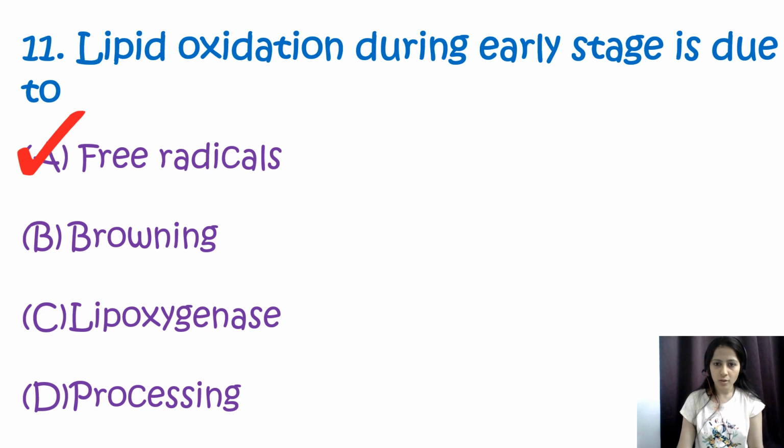And processing can influence lipid oxidation, but it is not a primary cause during the early stage. Rather, processing can introduce conditions that promote free radical formation or lipid oxidation in its later stages. So over here the early stage is due to free radicals. So option number A will be my correct option.